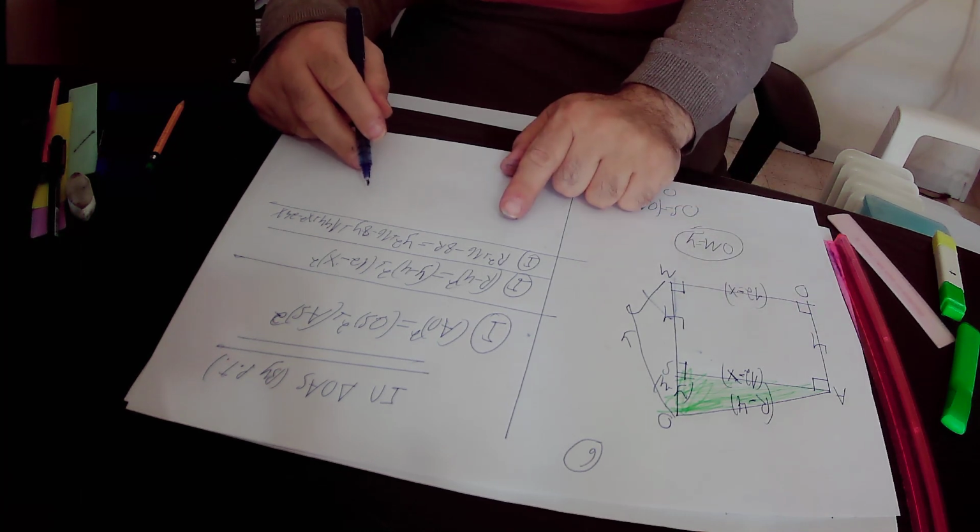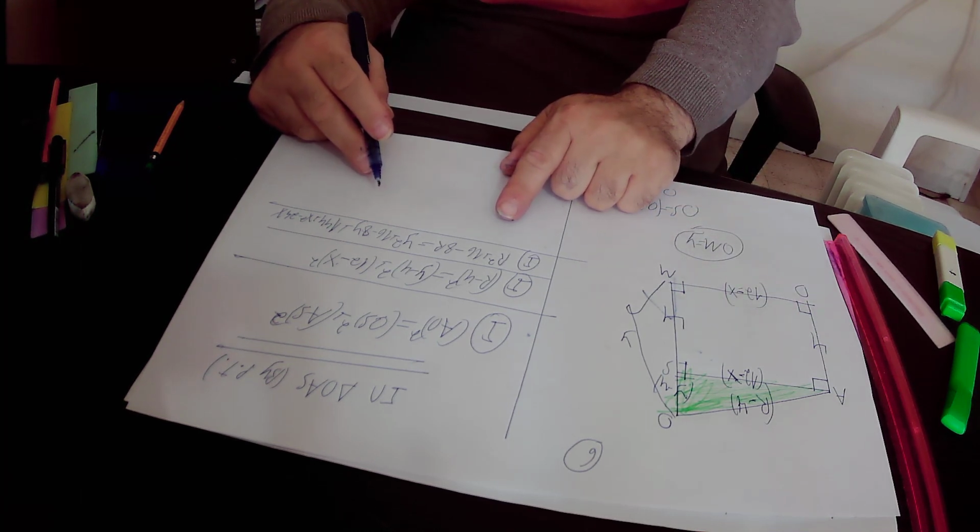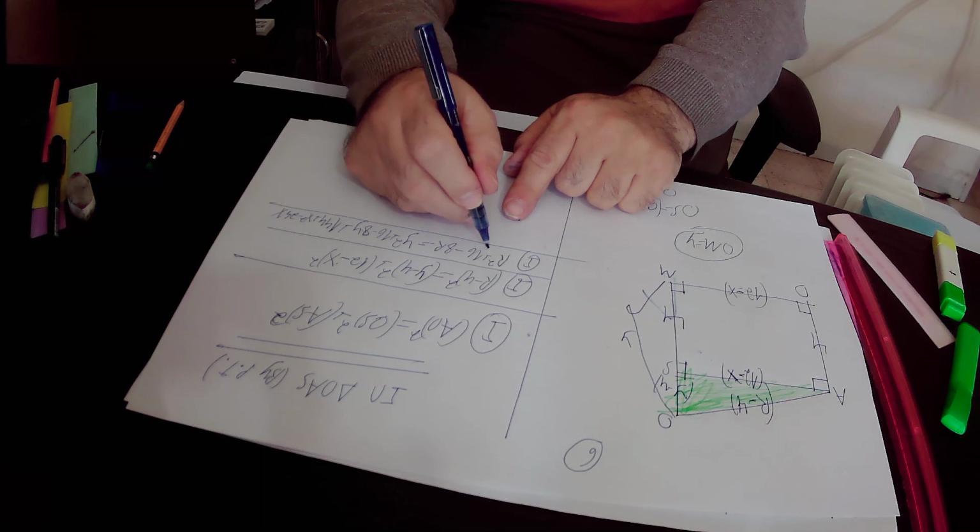Here we have 16 on both sides of equation number 1, so 16 will get cancelled.